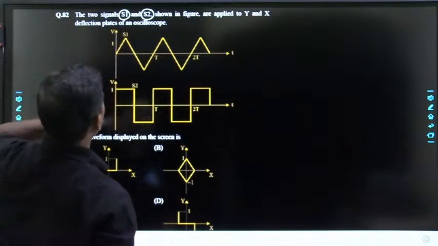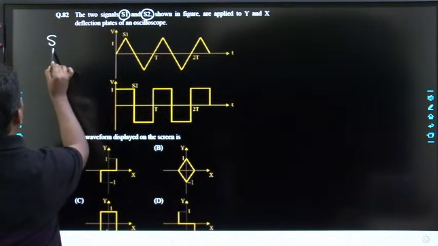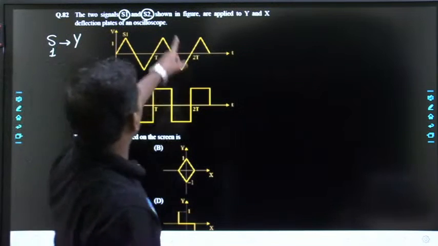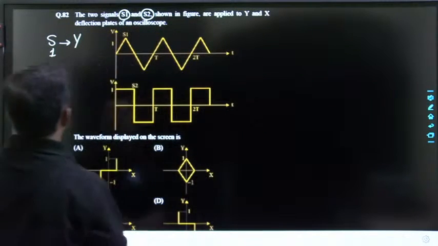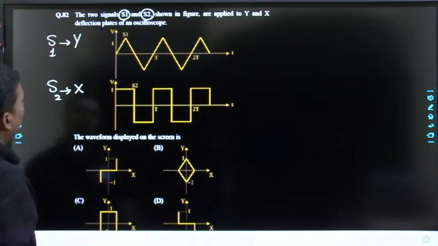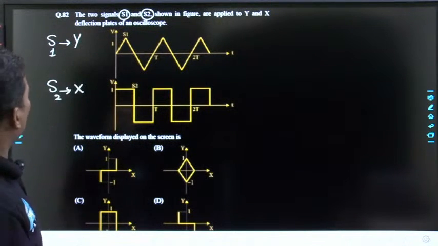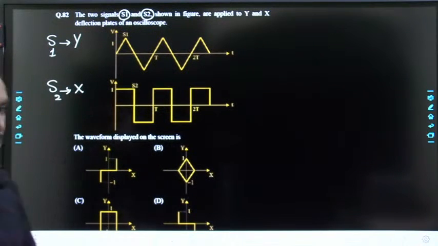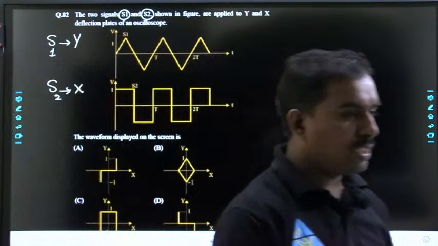So S1 is applied to the Y deflection plates. S2 is applied to the X deflection plates of an oscilloscope. The waveform displayed on the screen is dash.